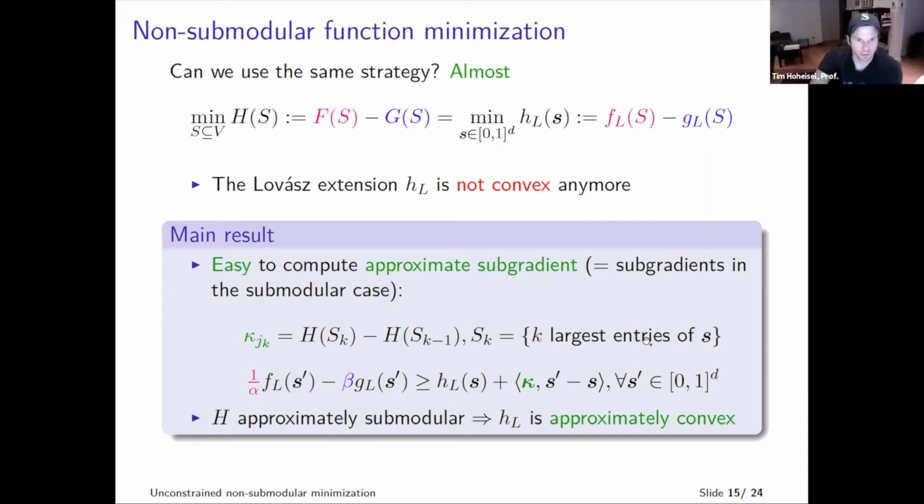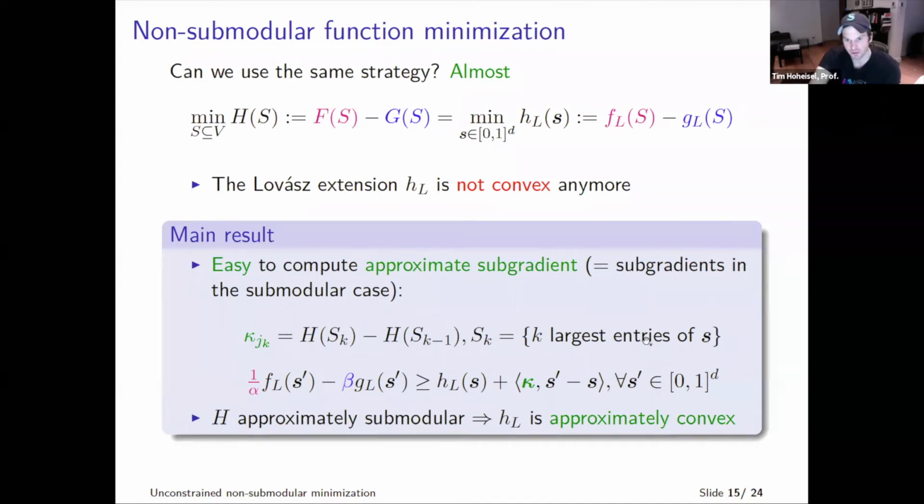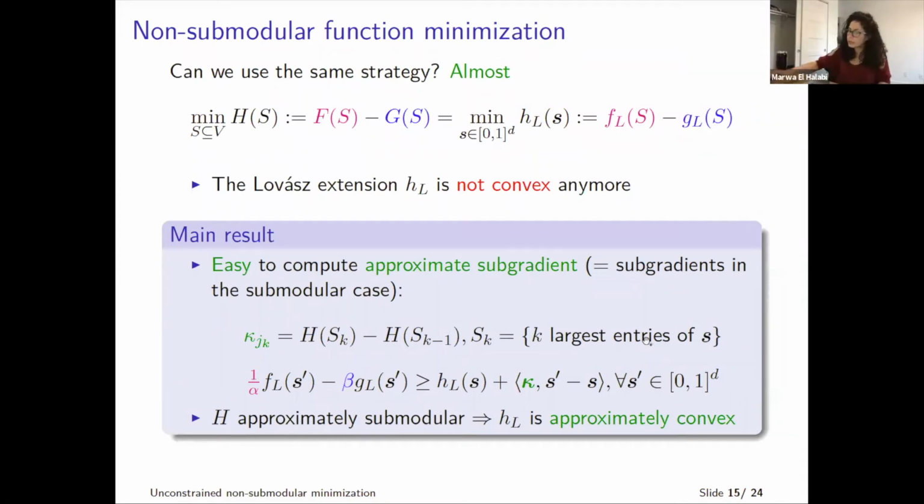Right. And then one comment maybe for people who are very new to this, like I was a week ago. This Lovász extension of h is not even just a definition, it follows from the properties of the Lovász extension, right? Because the Lovász extension is a linear operator. Like you mean the definition that I showed before?